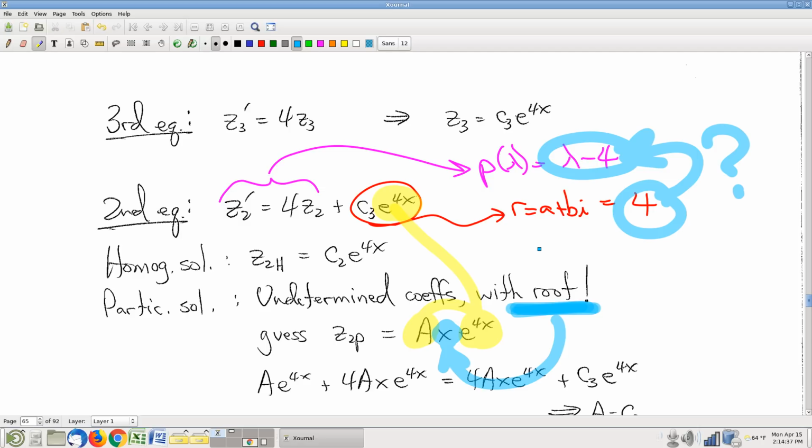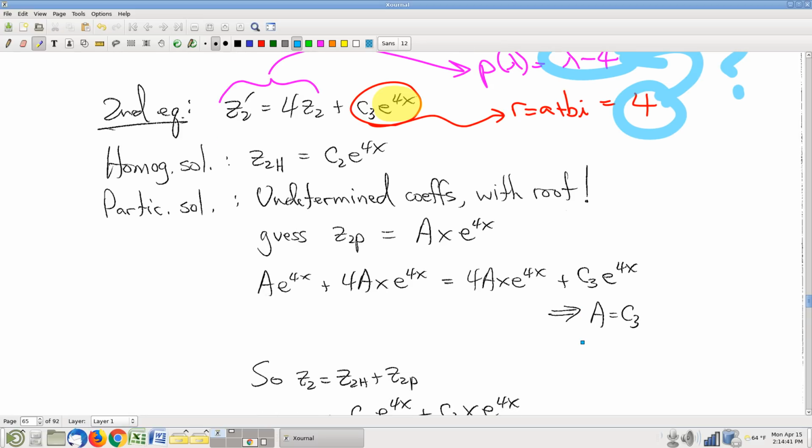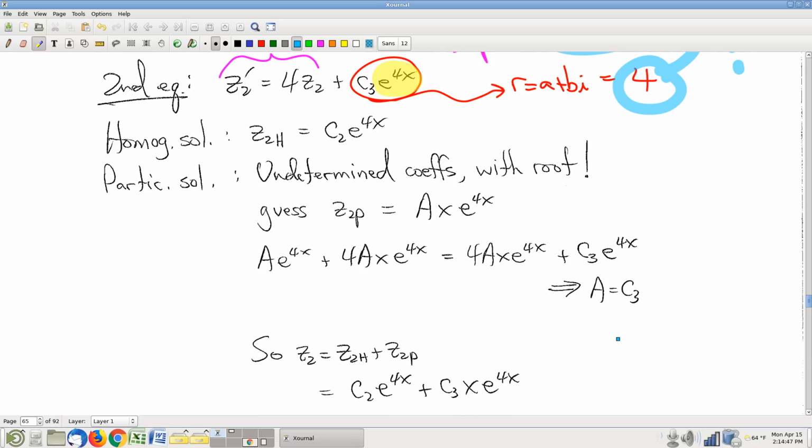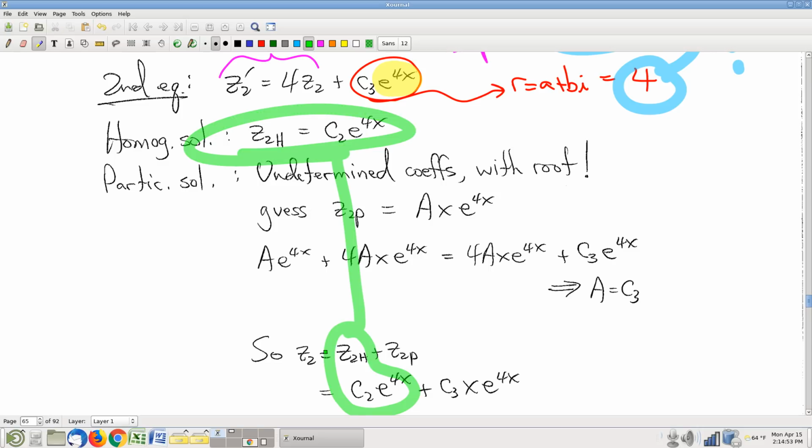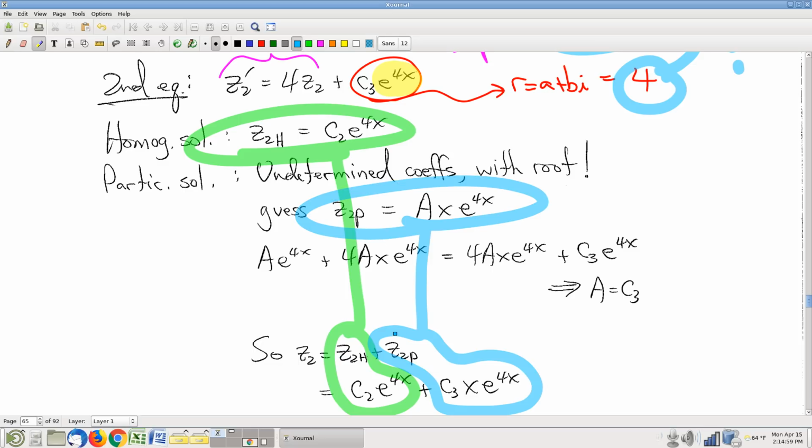All right, details. And it turns out your undetermined coefficient is this. And so your homogeneous solutions, let's see here, homogeneous plus particular gives you that. So, like I say, a little bit of effort that goes into that.